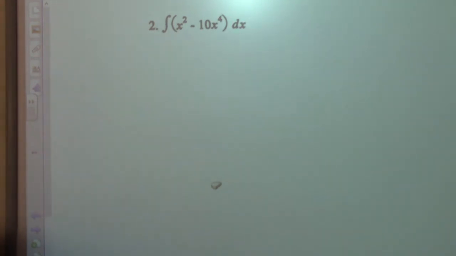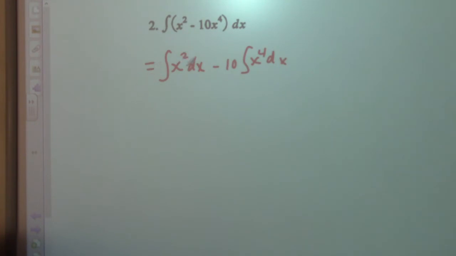Okay, have you finished with this yet? I think so, probably. Let's go see what we get here. So what I would do with this one, and as you get more familiar with it, you can skip writing down every step, but what you're going to have here is this equal to the integral of x squared dx minus 10 times the integral of x to the fourth dx. Did you get that far on it?